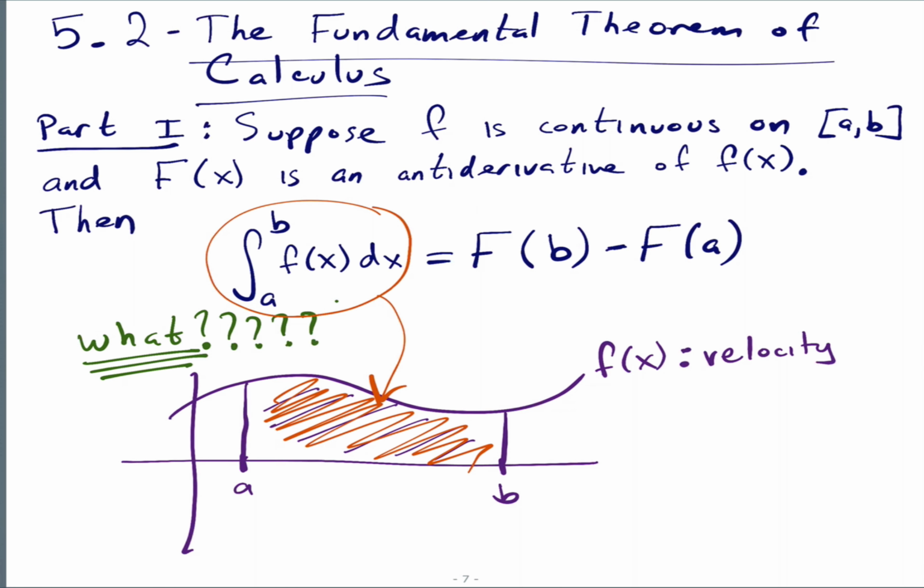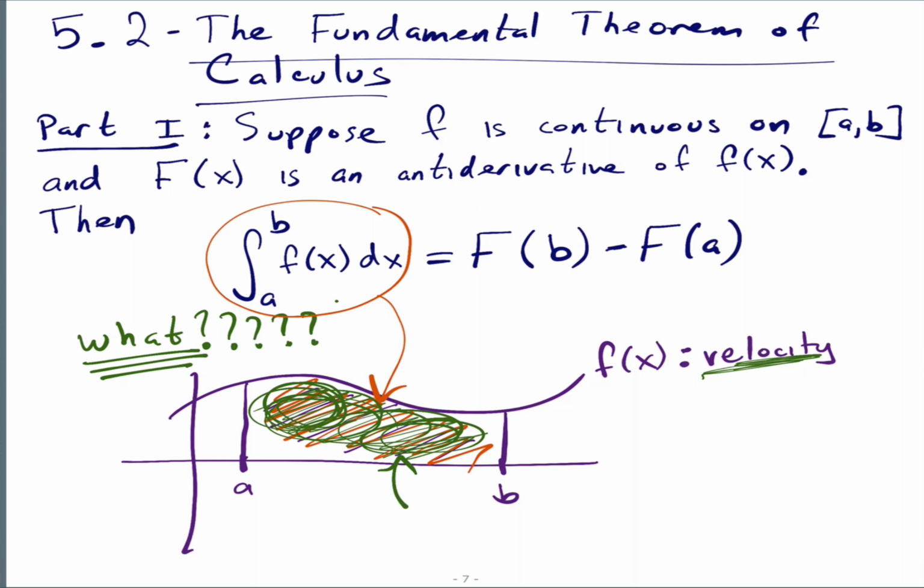But instead of narrowing your focus and just thinking about area, if you instead think of the function as representing velocity, as we just talked about, this same area right here, all this that I had colored in orange and now is green, what does that represent in the context of velocity and distance?